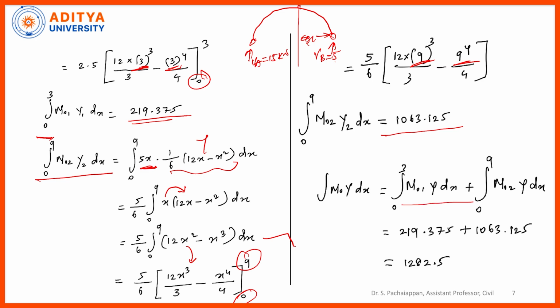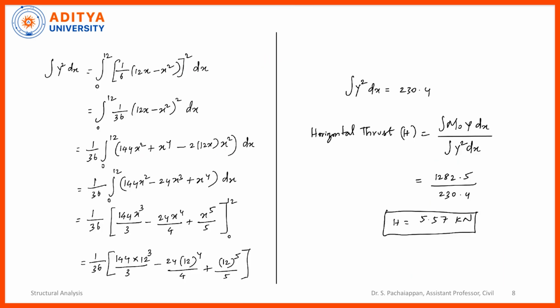Our numerator comprises these two terms: the integral over 0 to 3 of m naught 1 y1 dx plus the integral over 0 to 9 of m naught 2 y dx. Simply adding these two values gives the overall numerator value, which is 1282.5. So we got the integral of m naught y dx value.